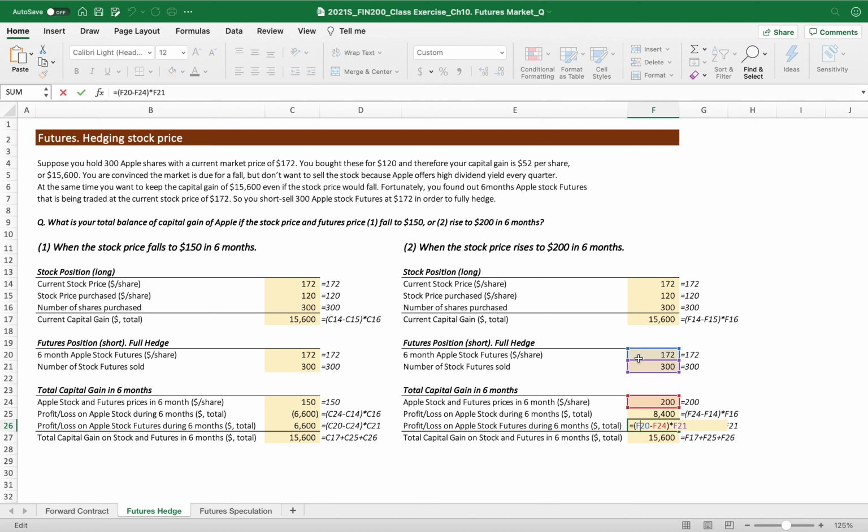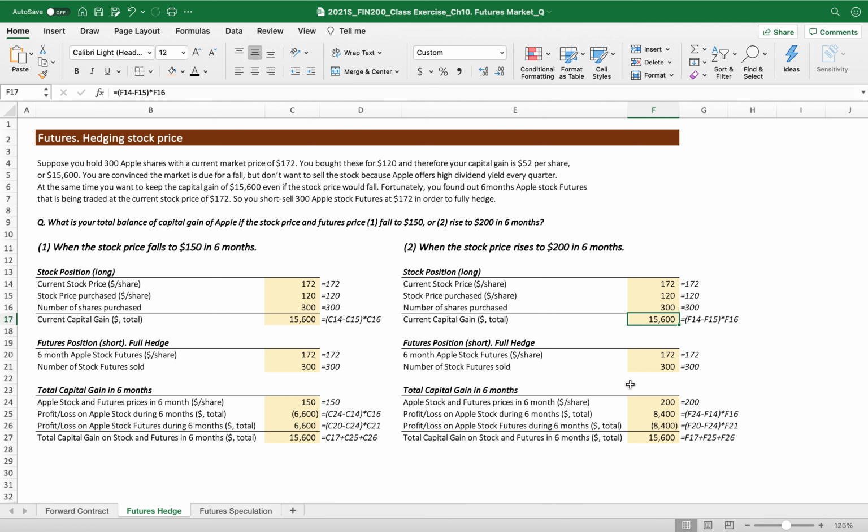So 28 times 300, in total 8,400 is a loss. But don't worry, because you make profit from the market price going up. So the total capital gain on stock and futures in 6 months eventually is the same as the 15,600 before the short position.